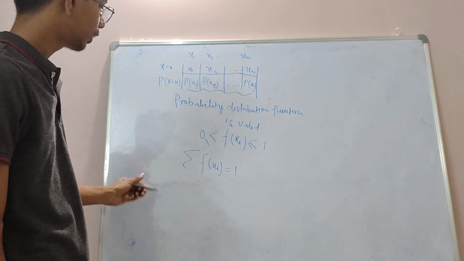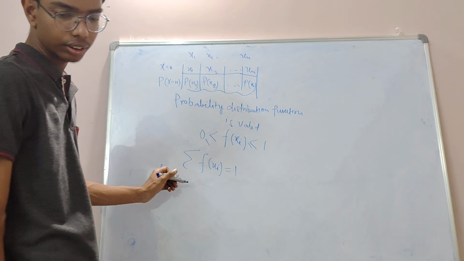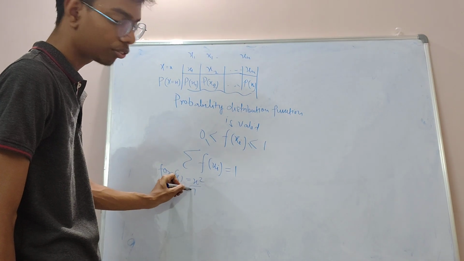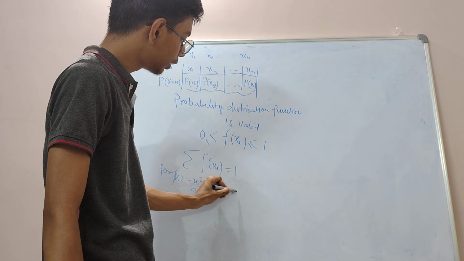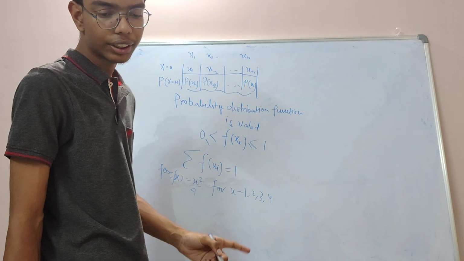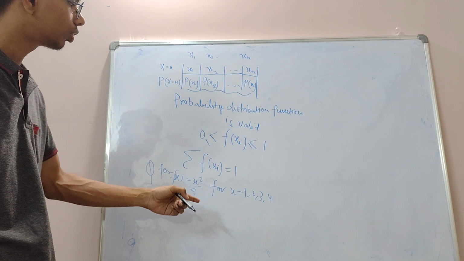Suppose I have to check for f(x) equal to x square by 4, given for x equal to 1, 2, 3 and 4. I have to check whether my probability distribution function will be valid or not.